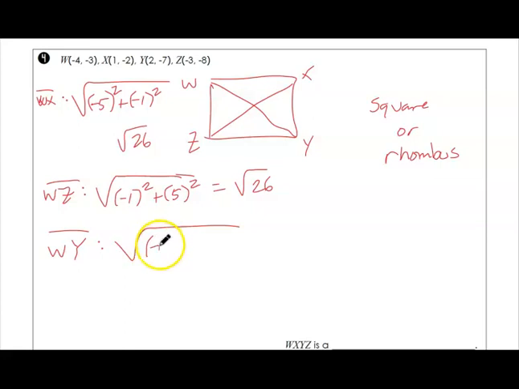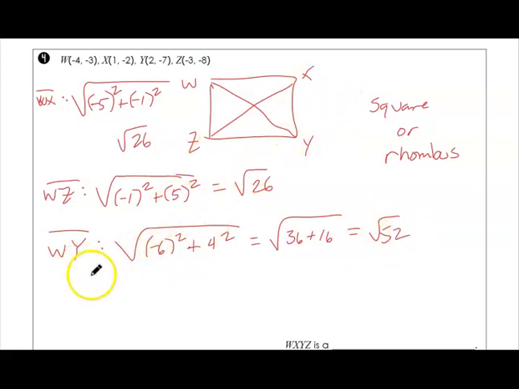Negative 4 minus 2 is negative 6 squared, and negative 3 plus 7 is 4 squared, and that makes 36 plus 16, which is the square root of 52.